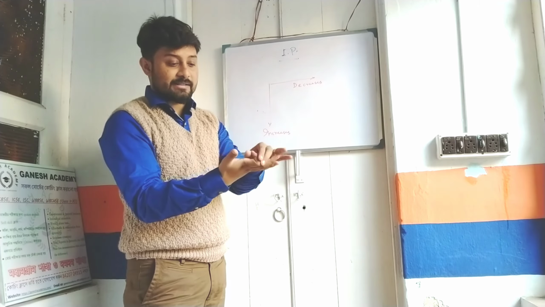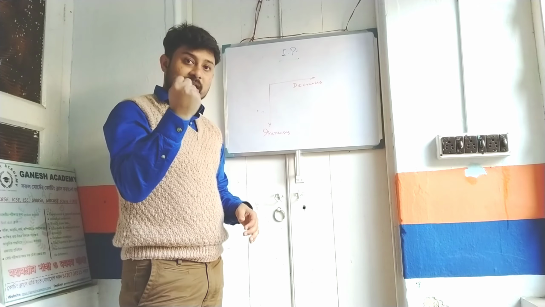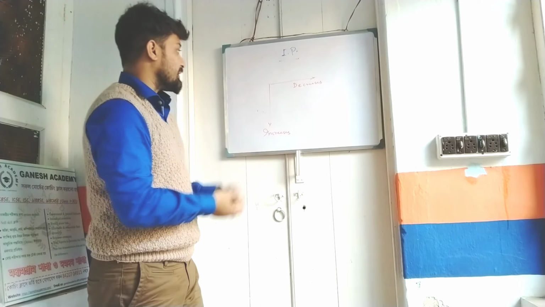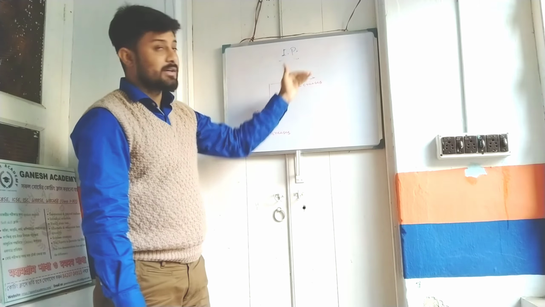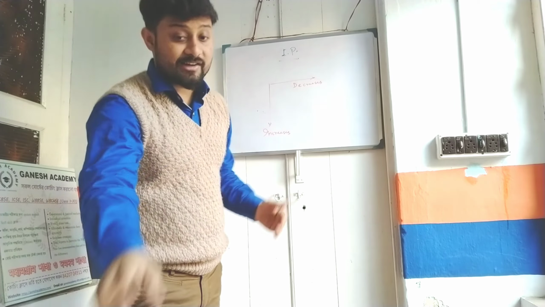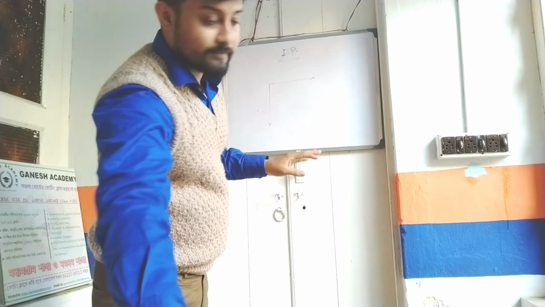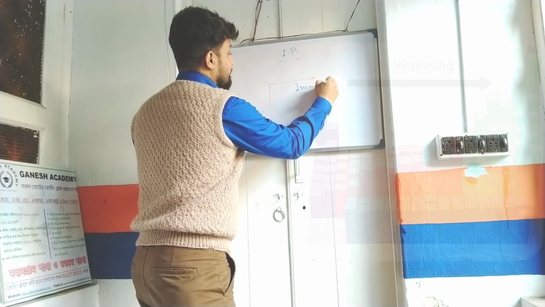You need less energy to open it. But if you have a higher number of electrons at the outermost orbit, you need more force or more energy to open it. So as we move from left to right along a period, the IP starts increasing.